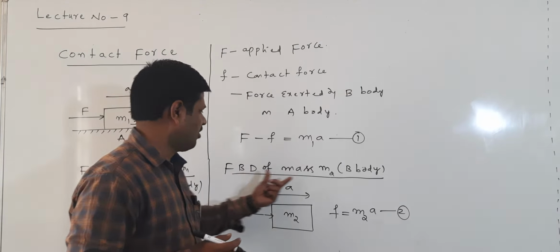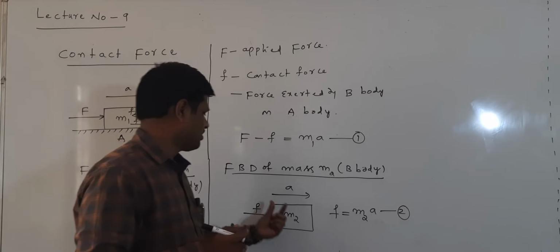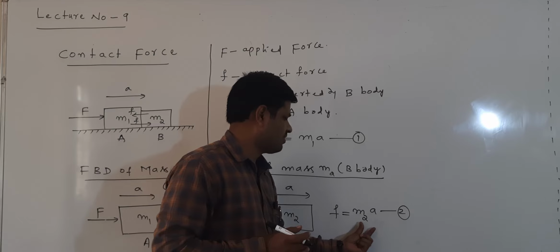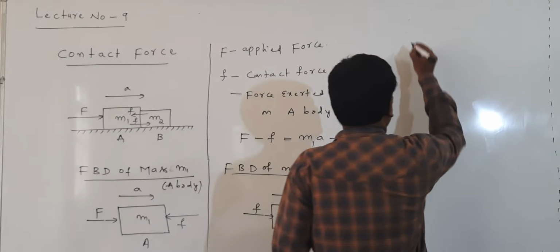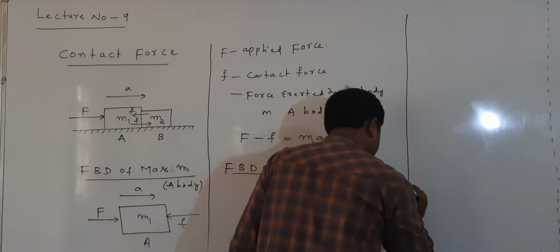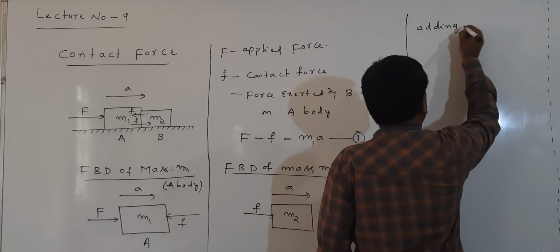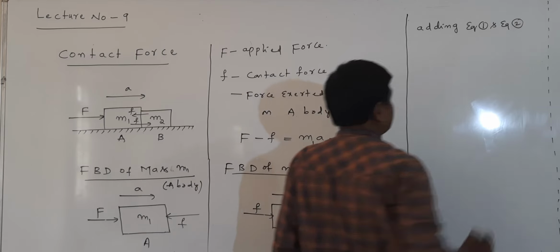Now the free body diagram of M2: we get the equation F is equal to M2A, because only one force is acting, the contact force. That can be written as F is equal to M2A. This is given as equation number 1. Next, adding equation 1 and equation 2.